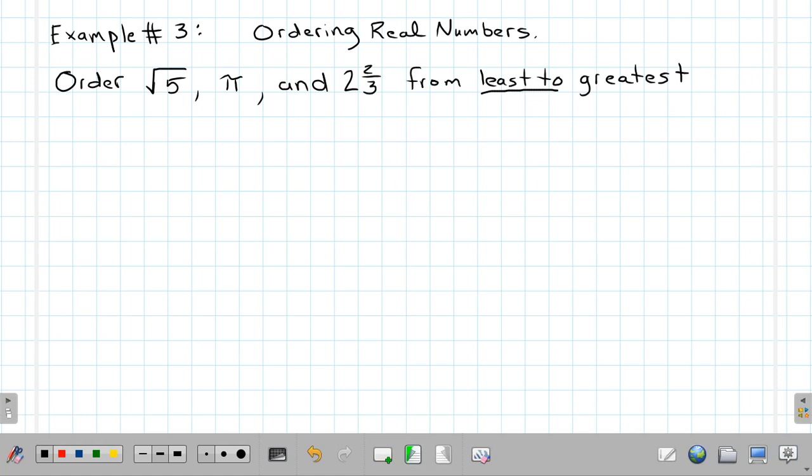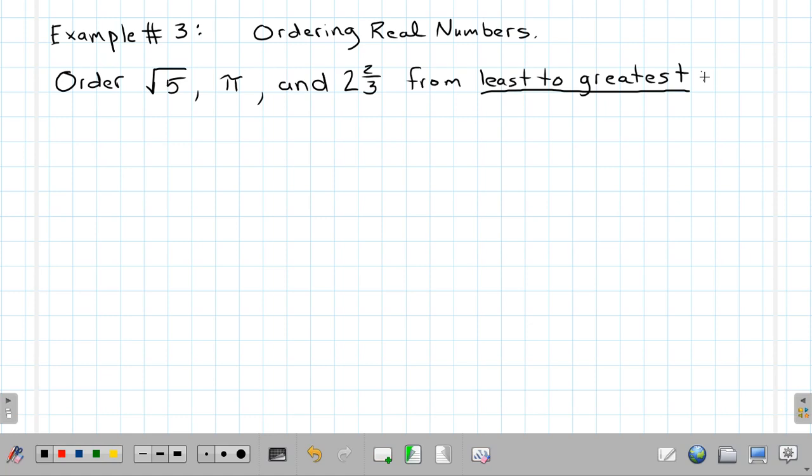Okay, so I want to point out this thing, least to greatest. That means we're going from the smallest number to the biggest number. So in your list, when you're ordering these numbers from least to greatest, your list should start off with the smallest of these numbers, and it should end with the biggest of these numbers. And once again, it's in order. So it goes from the smallest to the largest in order.